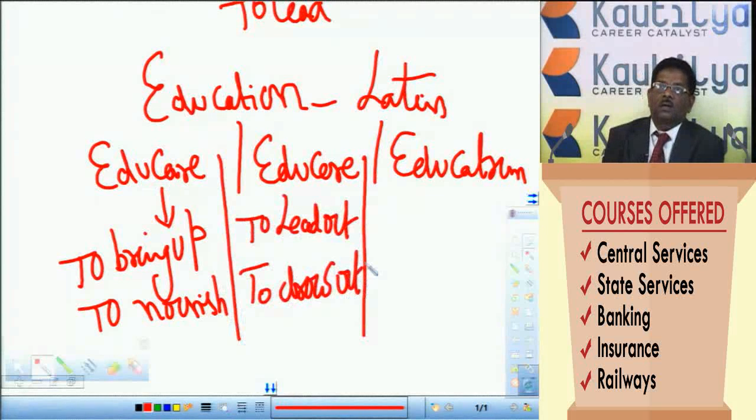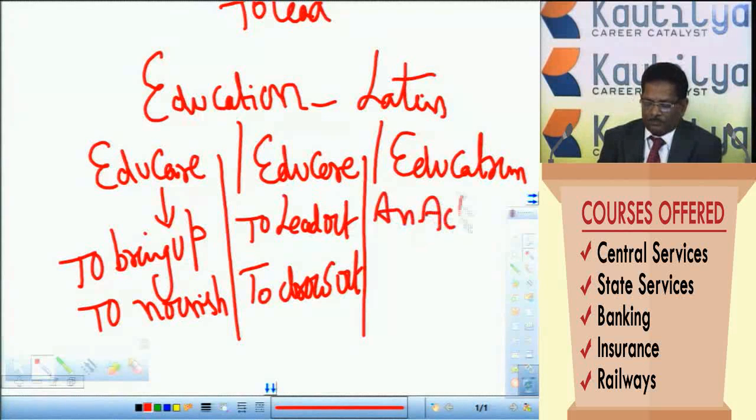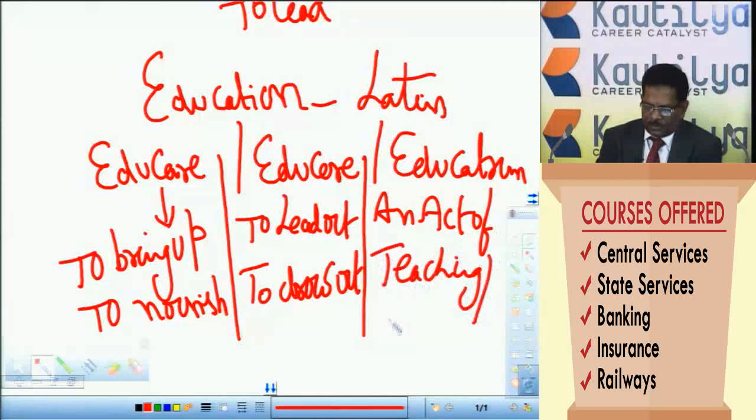These two are the equivalent meanings in English for the Latin word educere. And the third one, educatrum, is a Latin word. An equivalent in English for educatrum is an act of teaching or act of training.